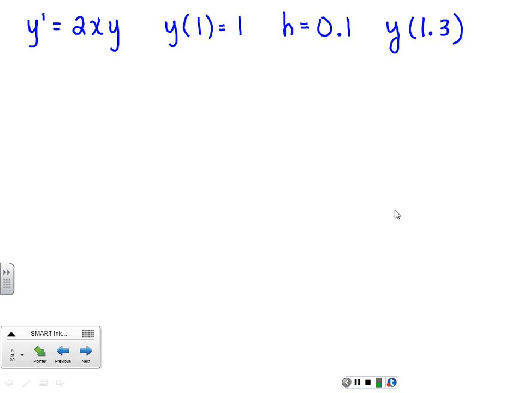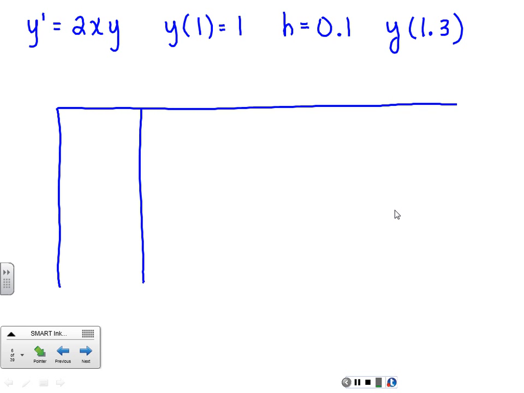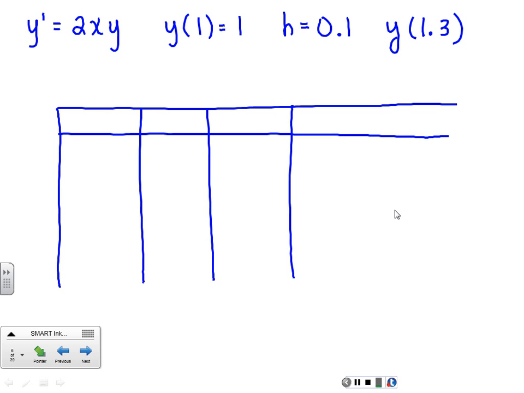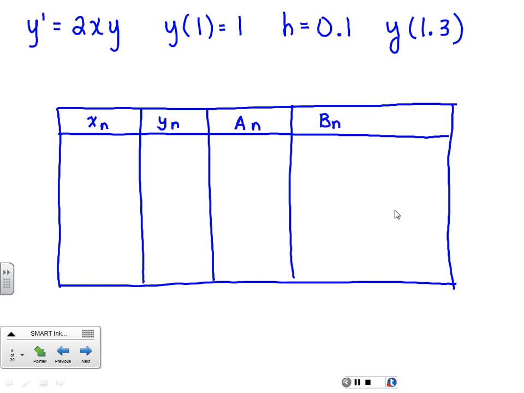Same problem I just got through doing. So we're going to start out like we did, 1 and 1.